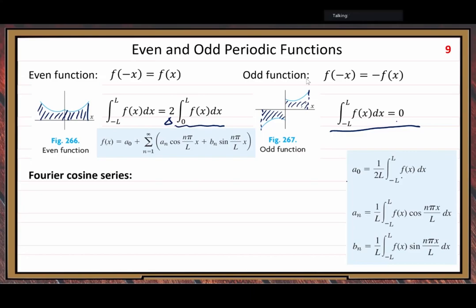Fourier cosine series. So here, let's consider the condition that f is even, then the sine terms are all gone.